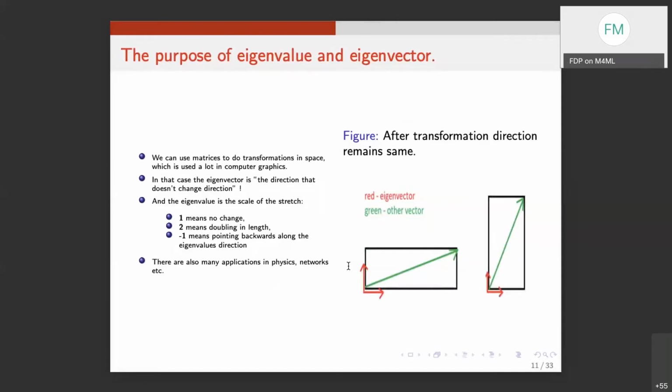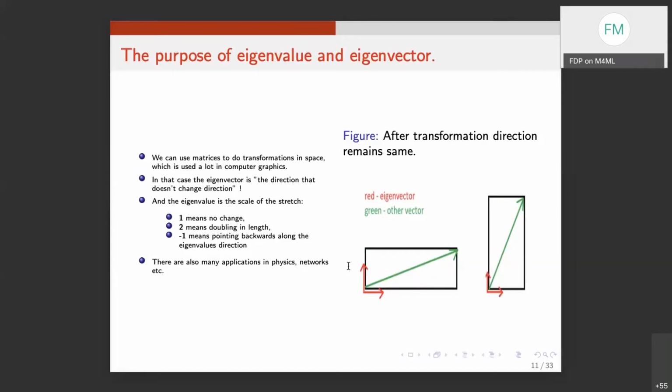Now when we transform from one space to another space, suppose I perform some scaling operation here. What does scaling mean? When I try to stretch specific positions, the coordinates shift from one position to another.